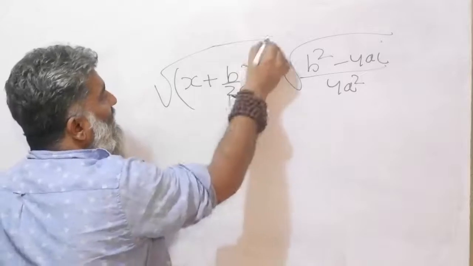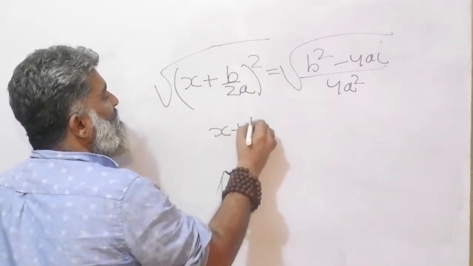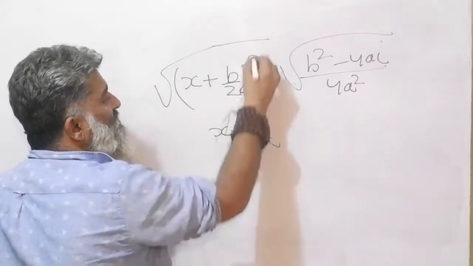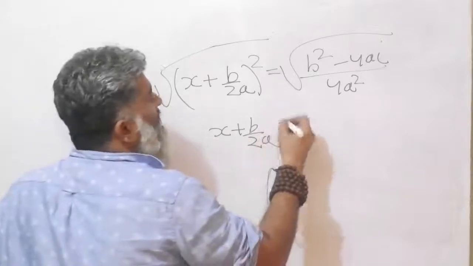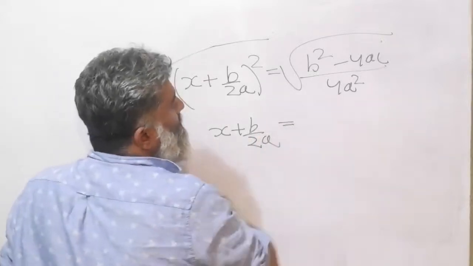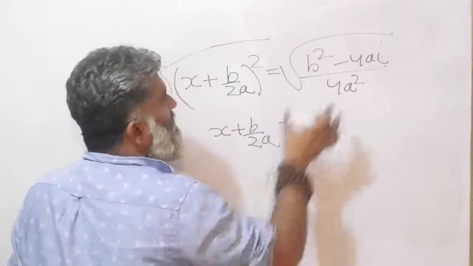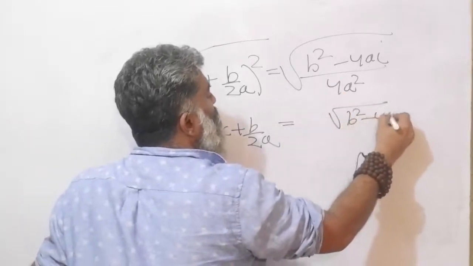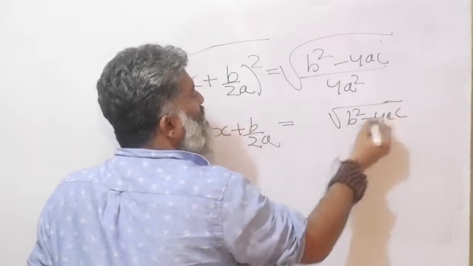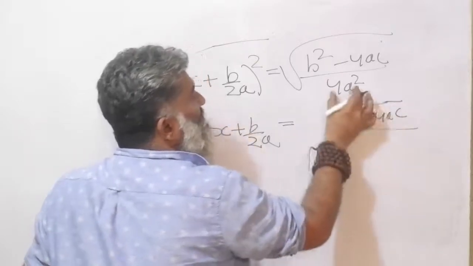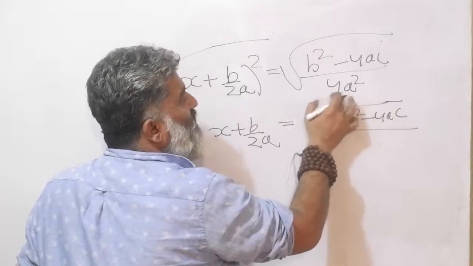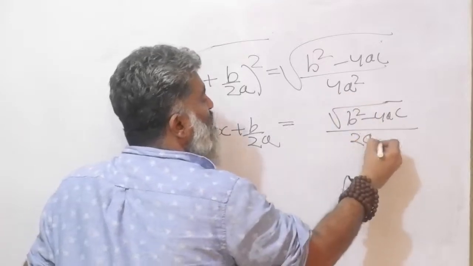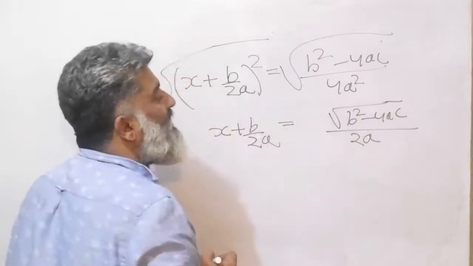On the left hand side you will just get x plus b by 2a, because the square root will be gone, and on the right hand side the numerator will become root of b square minus 4ac, because I do not know how to simplify it anymore. But the denominator is a perfect square. 4a square means the square root of that is going to be 2a.